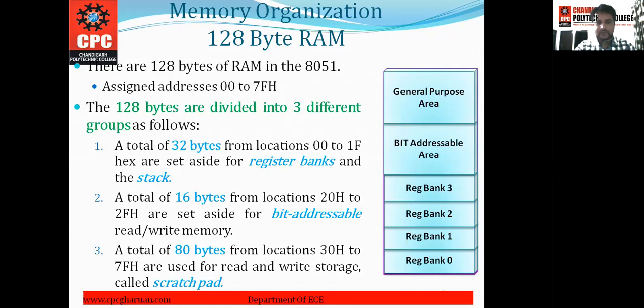Next group is of 16 bytes, that is reserved for bit addressable, and it ranges from 20H to 2FH. And its last third group, that is of 80 bytes, has locations from 30H to 7FH, and it is used for read and write storage. This is called a scratch pad.